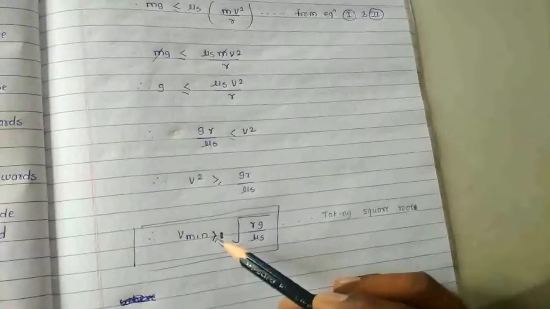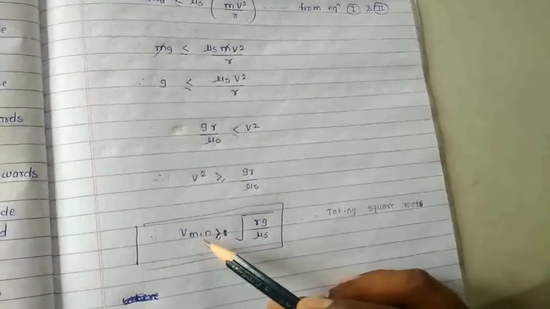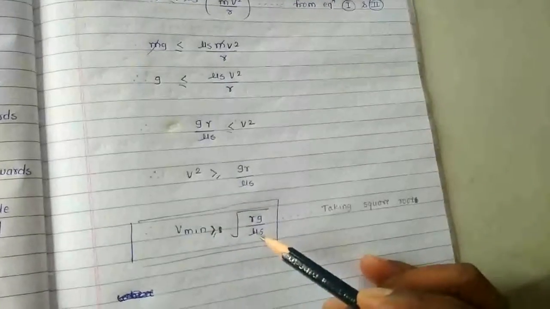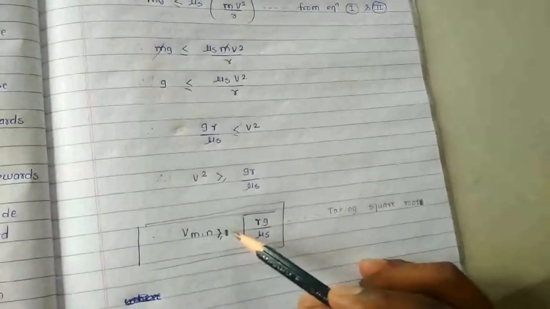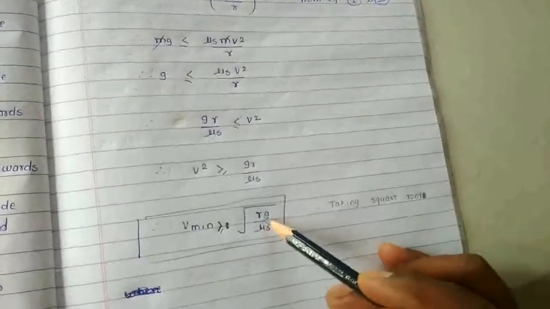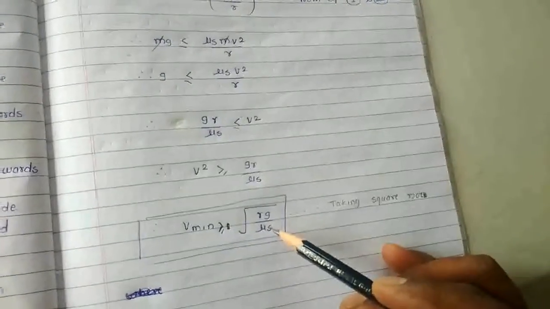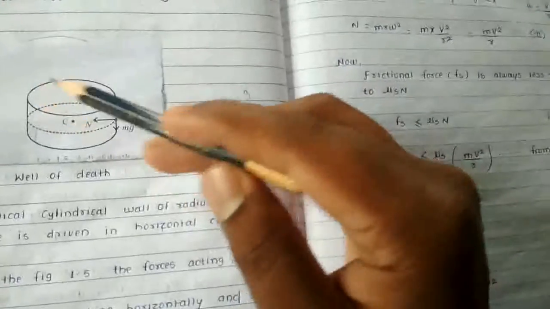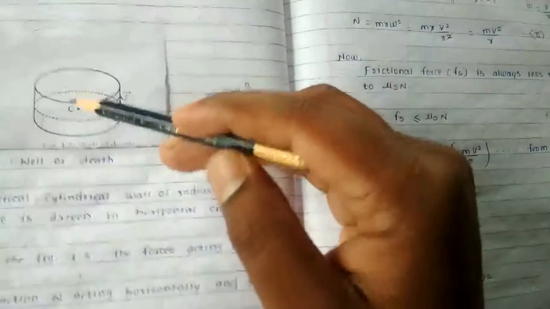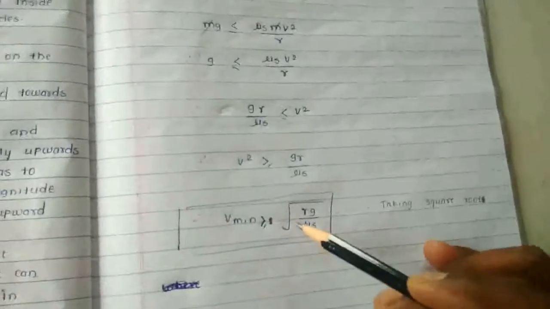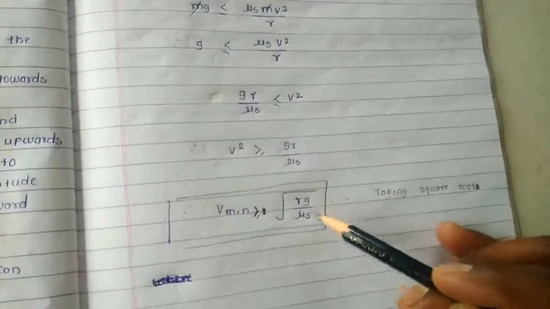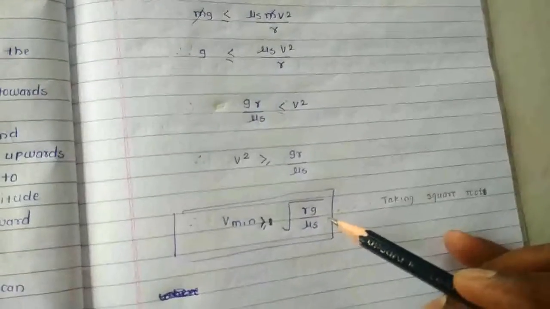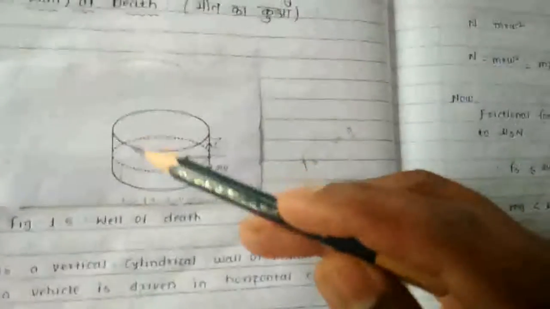So this minimum velocity is always greater than or equal to this value. If the velocity is greater than this value, under root rg upon mu s, then the vehicle is moving or running with the speed. And if the value is less than this, then the vehicle is not moving with the speed, or it may fall down.